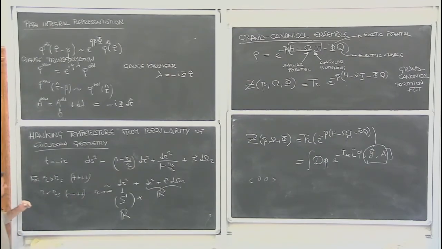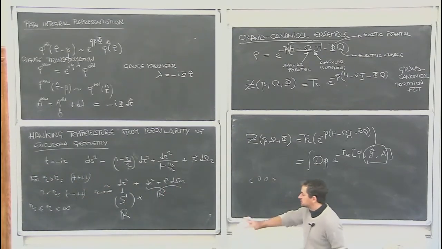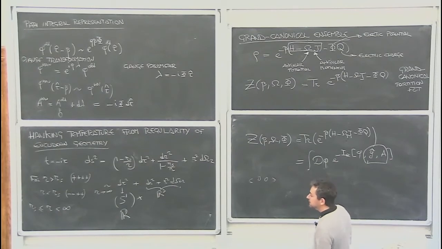Because of this consideration, I can consider R only between Rs and infinity. Now we go and see what happens. I stop there. Whatever was a problem before, the singularity and all that, is excluded in any case from the geometry.